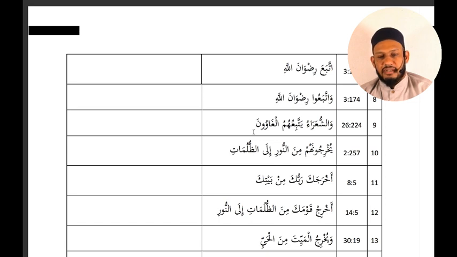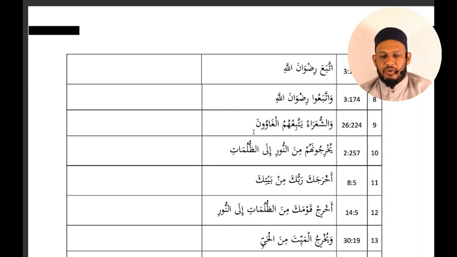It is the huwa inside. So he followed ridwan Allah, the pleasure of Allah. He pursued, or he followed the pleasure of Allah. Next one. Wattaba'u ridwan Allah, and they pursued. The fa'il is the waw there on the side, at the end. And they pursued the pleasure of Allah.